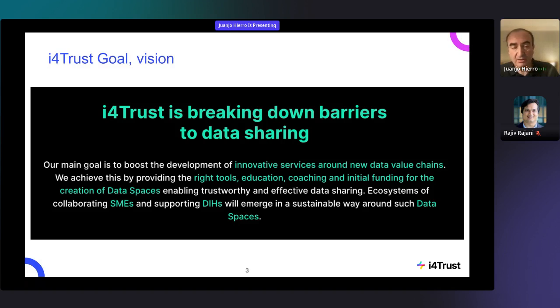Data spaces created based on the i4Trust framework are enabling trustworthy and effective data sharing, as we will see, based on the exchange of digital twin data. And we are creating around this framework a vibrant ecosystem of collaborating SMEs and supporting DIHs, digital innovation hubs, that will be supporting the creation of these data spaces and the growth of these data spaces.